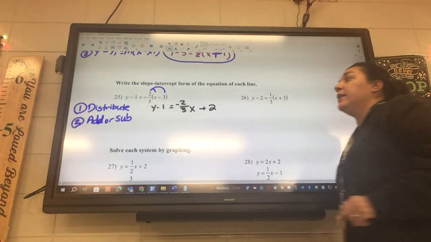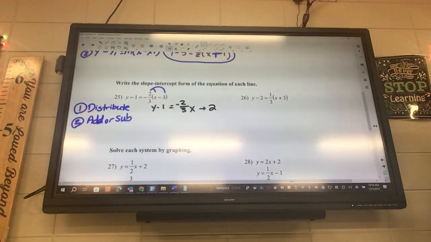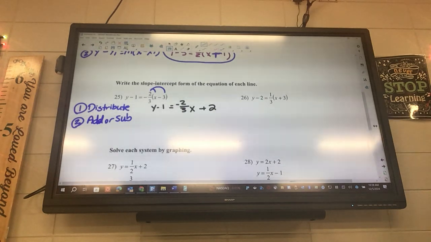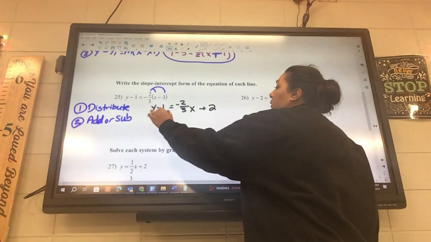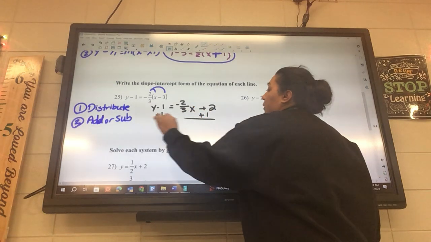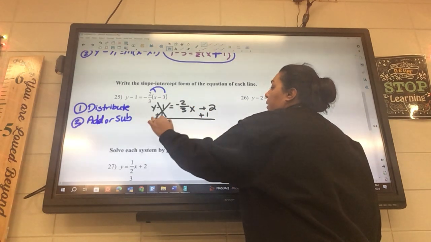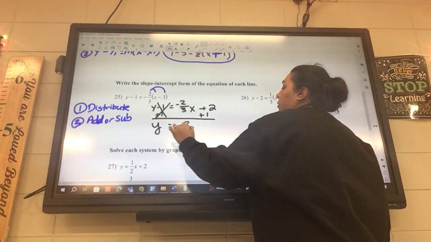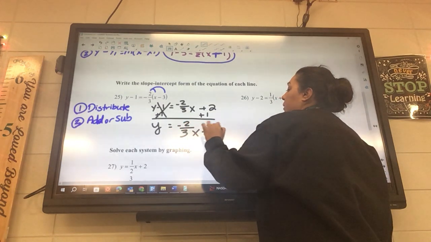Okay, and then are we gonna add or subtract? We're gonna add 1 to both sides. Okay, so we're gonna get y equals negative 2/3 x plus 3.